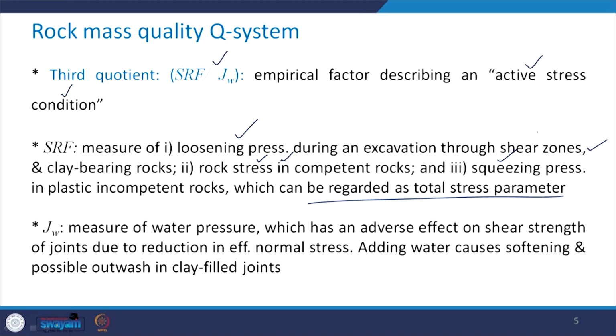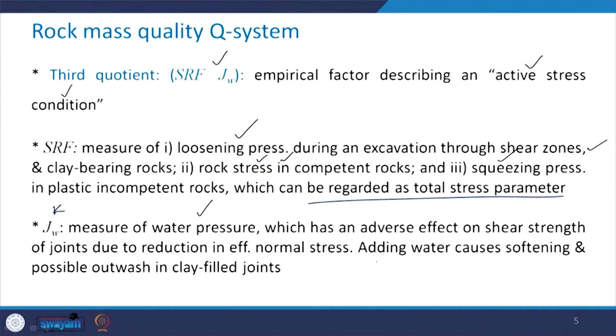Coming to the parameter Jw, a measure of the water pressure. Obviously, when water is there, it will have an adverse effect on the shear strength, because the presence of water reduces the effective normal stress, and therefore the strength also reduces.